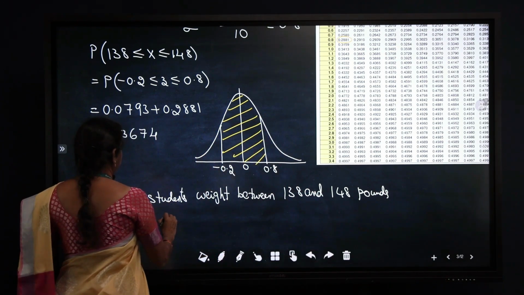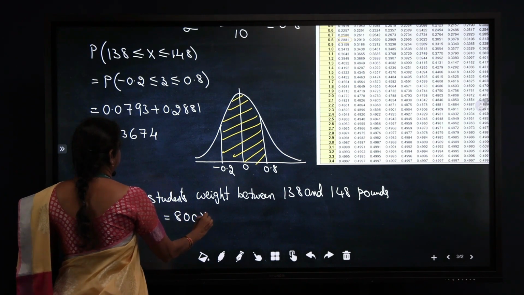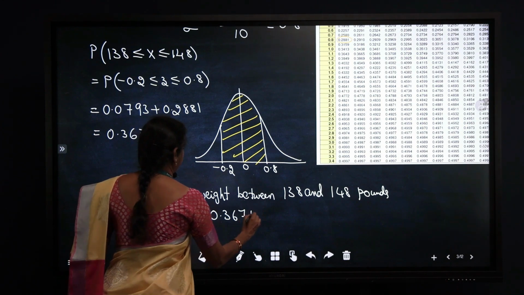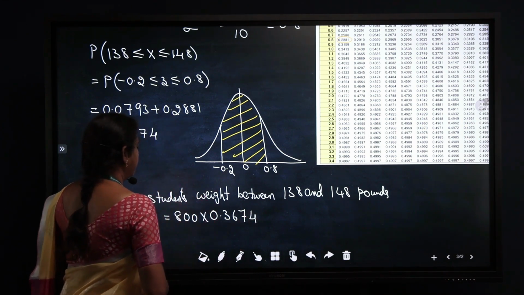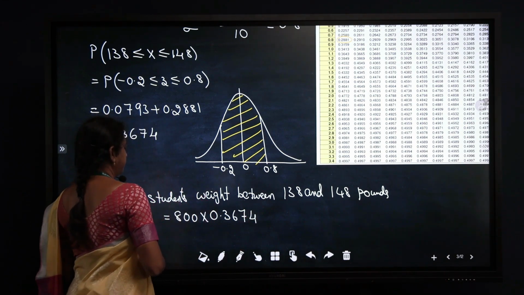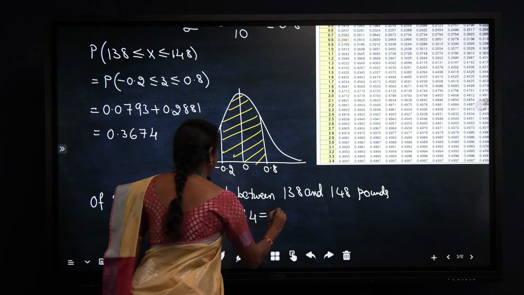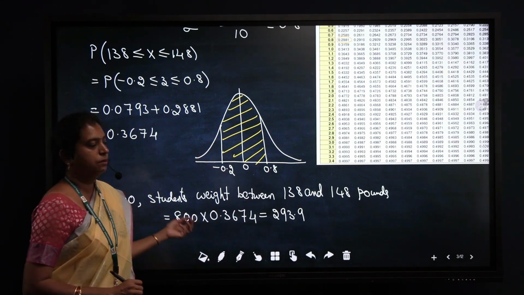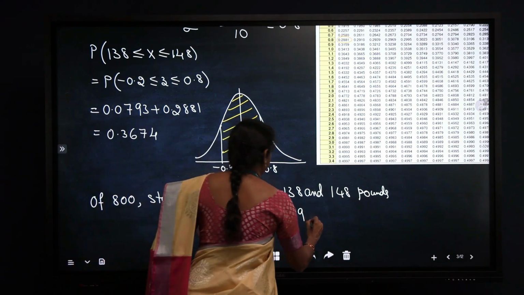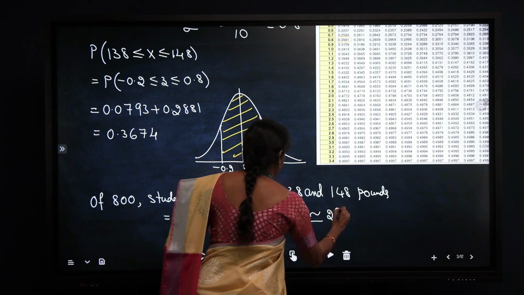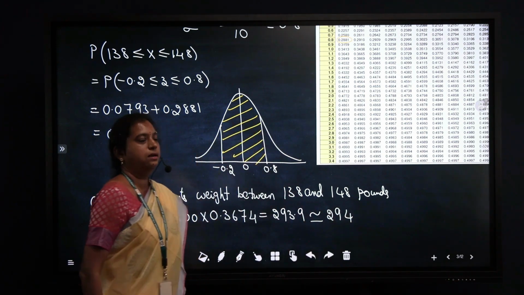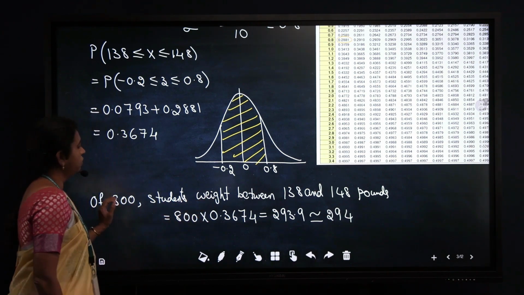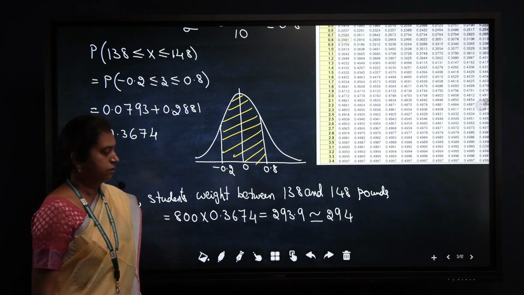So this is equal to 800 into 0.3674, right? Multiplying 800 by 0.3674, we have the value as 293.9. But since we are talking about students, we'll take this as approximately equal to 294, right? So the number of students whose weight is between 138 and 148 pounds out of 800 is 294.